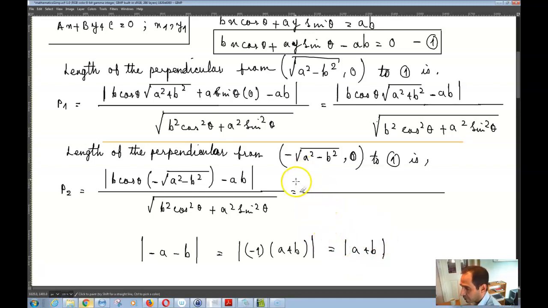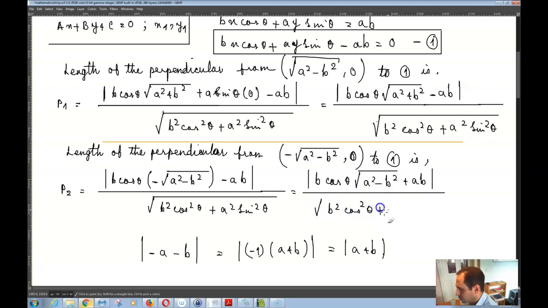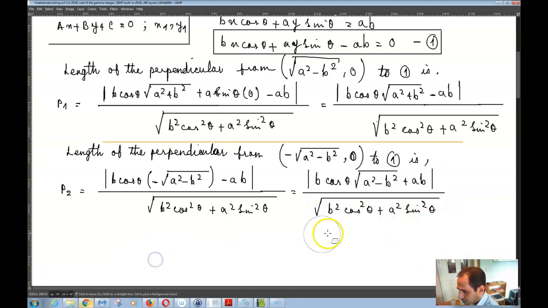So then you can write this as b cos theta times the square root of a squared minus b squared plus ab over the square root of b squared cos squared theta plus a squared sine squared theta, and so that is P2.